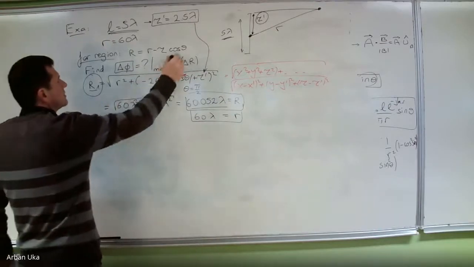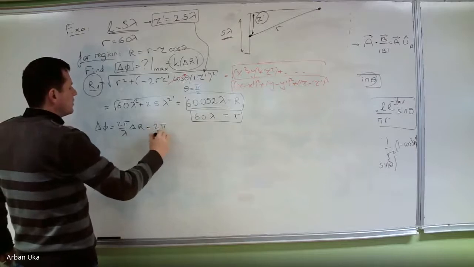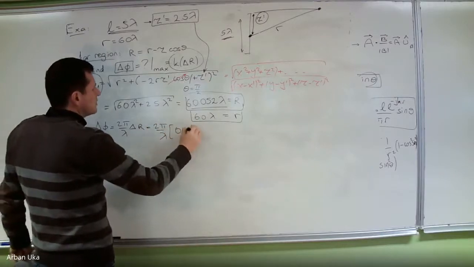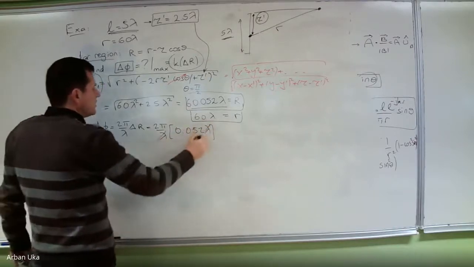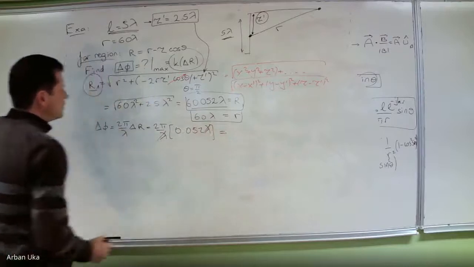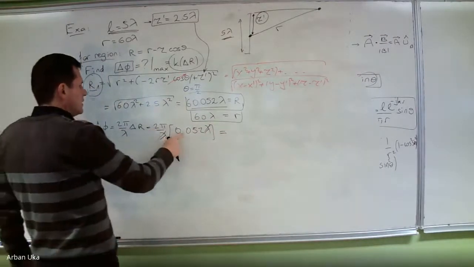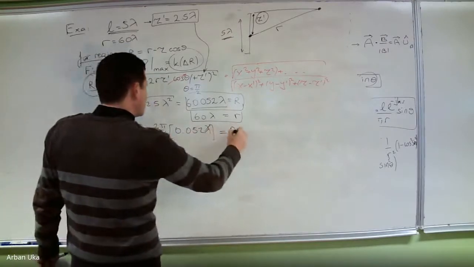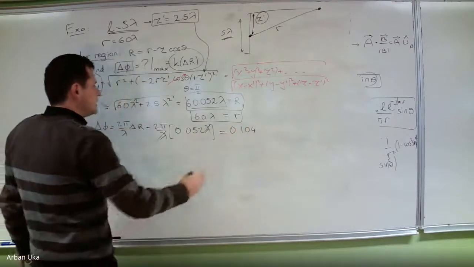Which is this expression here, and this is equal to 2 pi over lambda times 0.052 lambda. So if we take this out, this is 0.052 times 2, which is going to be equal to 0.104 times pi.